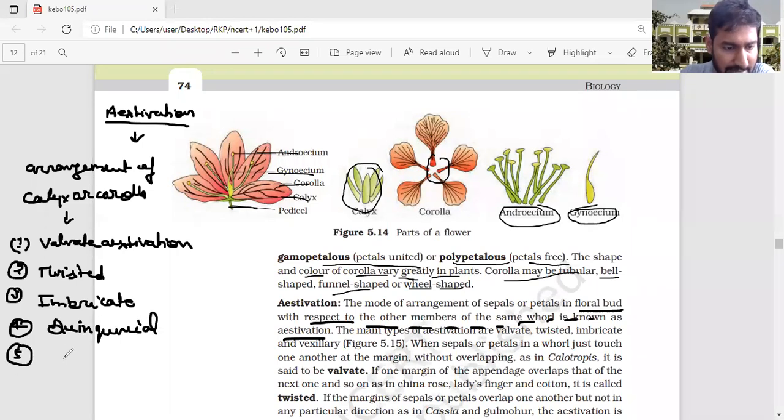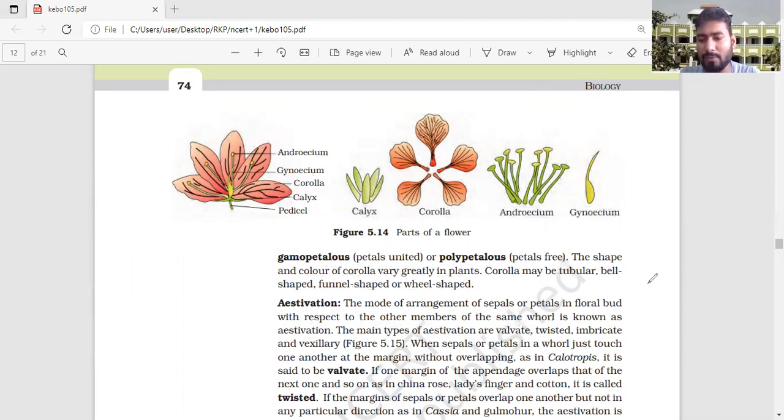And fifth is the vexillary estivation. In this way 5 different types of estivation are found: valvate, twisted, imbricate, quinquential, and vexillary. We will see them one by one with examples. So now the first one is the valvate estivation.